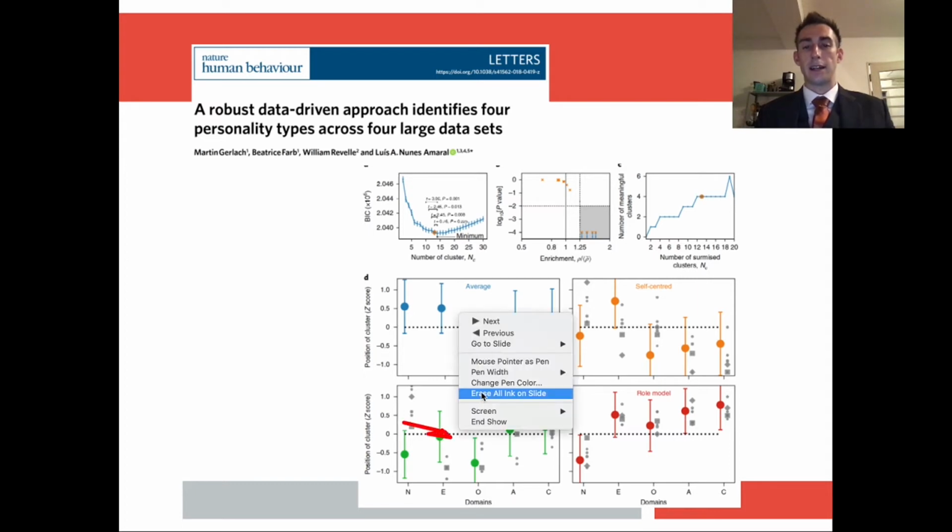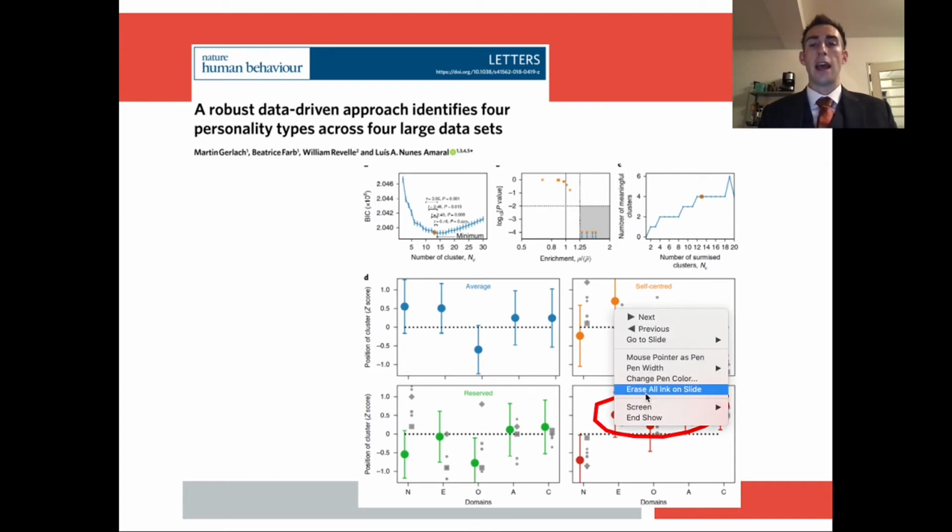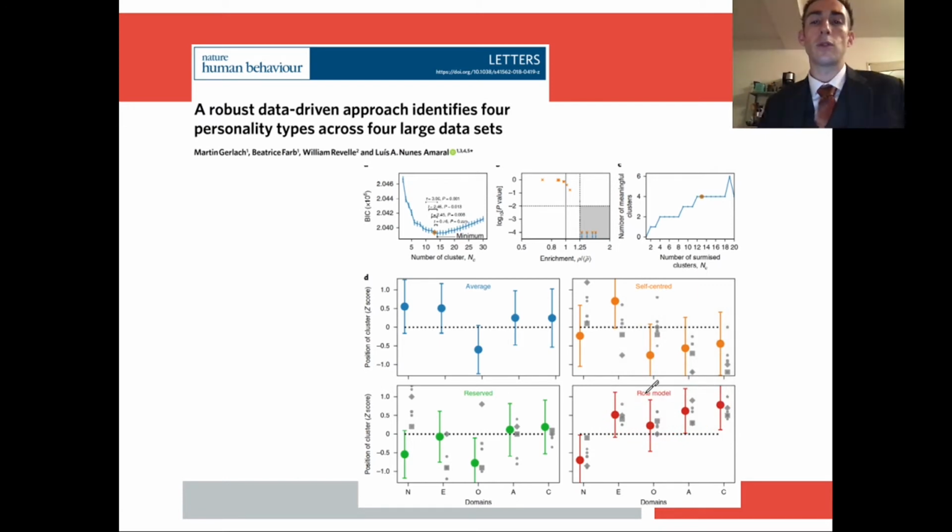And finally was the role model type, which was kind of the best type, probably one of the rarer ones. They have negative neuroticism, so they're very laid back, and they have positive extroversion, openness, agreeableness, and conscientiousness. Not everyone falls into these categories, of course. People will have slight variance away from these exact categories. This is the mean category.